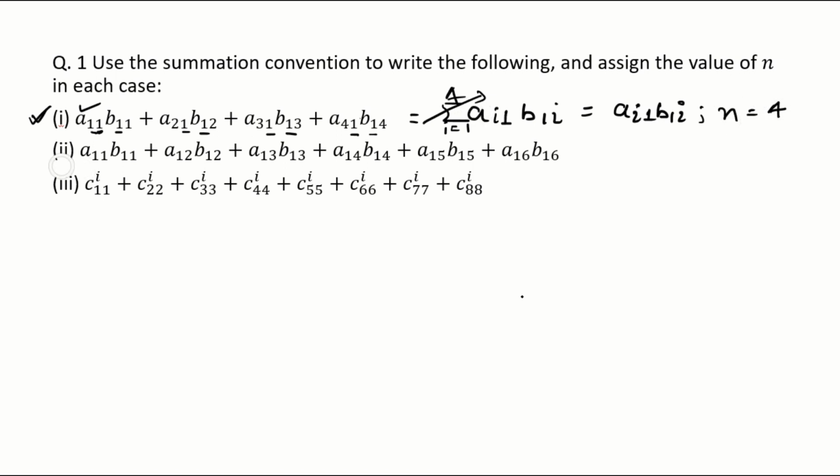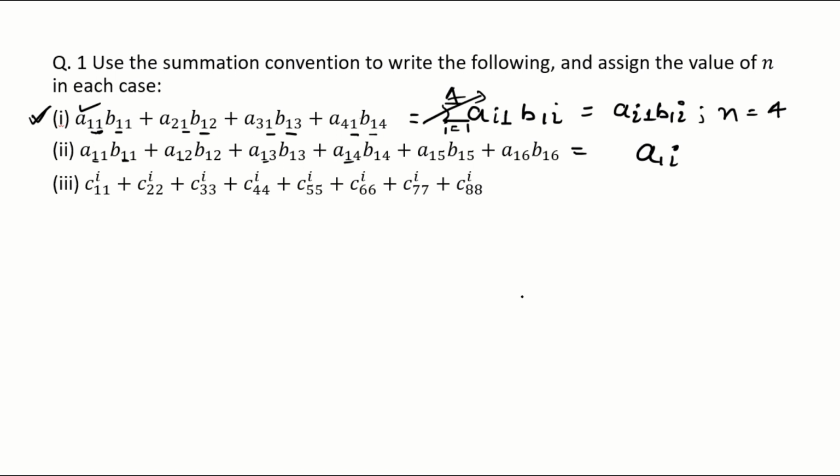That's it. Now for the second part, a11 b11, a12 b12. First let us take the first component a11, then a12, a13, a14. That means the first subscript is fixed in each term, that is 1. So I will write a_1i, and for b_ij you can say b11, b12.